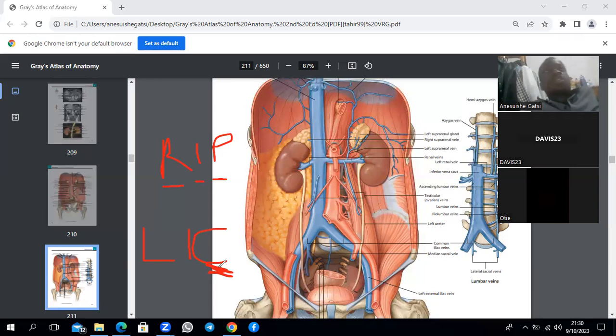The medulla produces catecholamines: norepinephrine, epinephrine, and dopamine. Then the cortex we further divide into zona glomerulosa for mineralocorticoids like aldosterone, the main one. Then zona fasciculata for the stress hormone cortisol. Then zona reticularis for androgens.